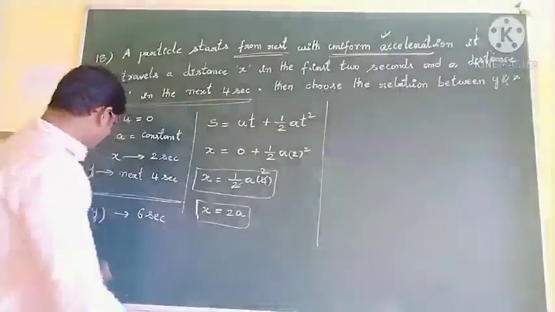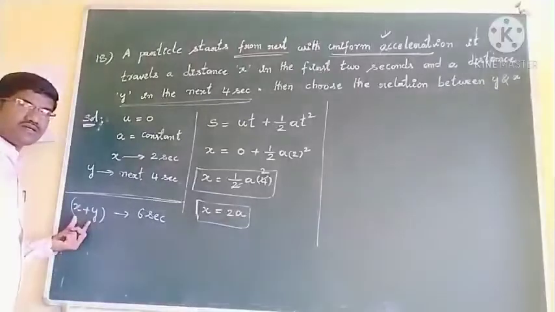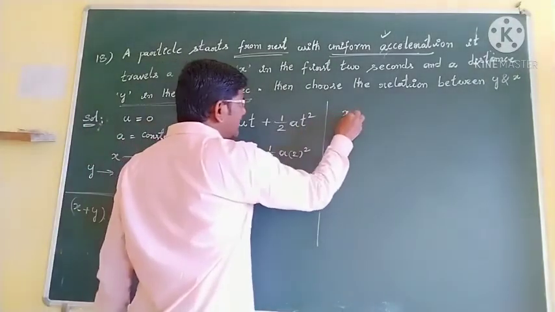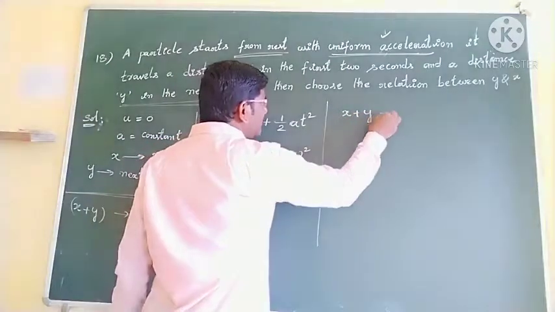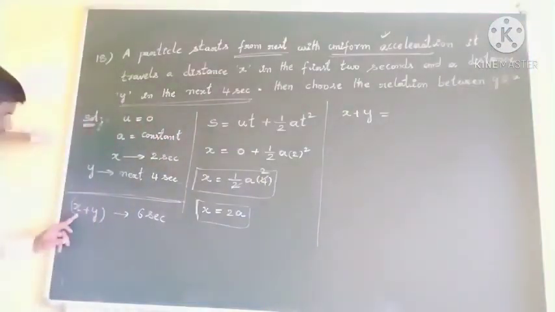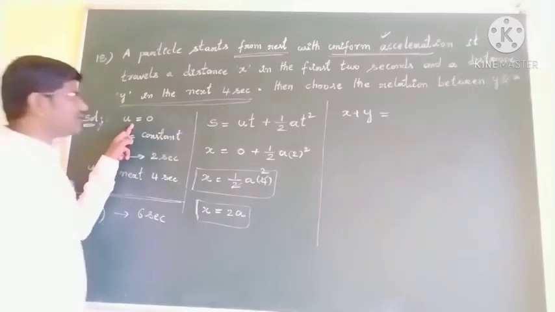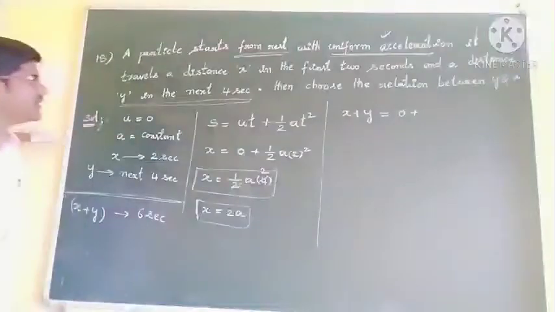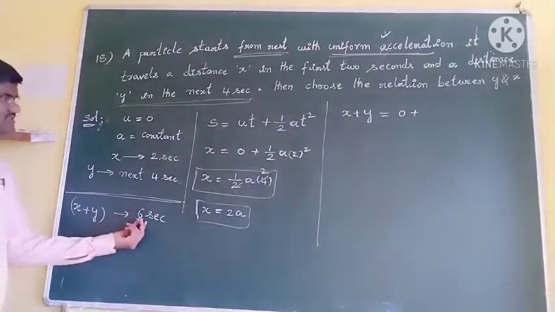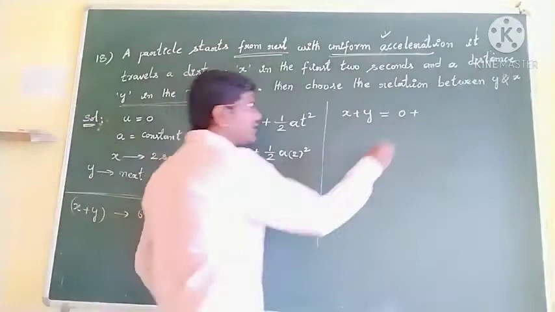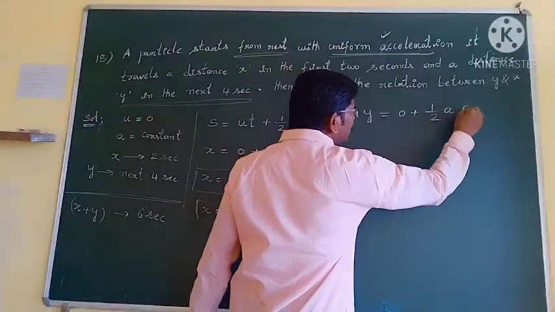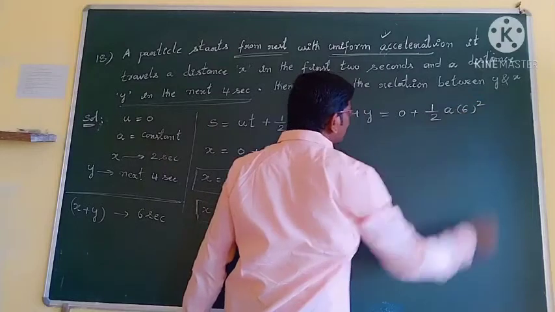Then x plus y is the total displacement, starting from rest. So initial velocity is 0, so this term will be 0. Time is 6 seconds, half a t square means 6 square.